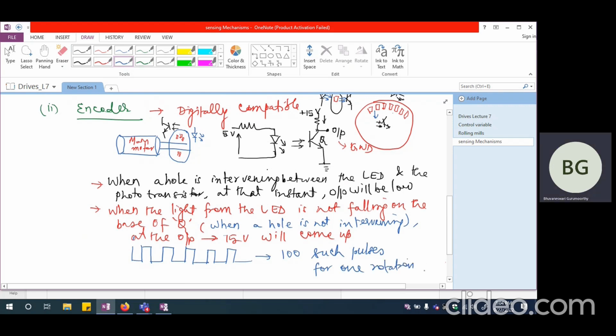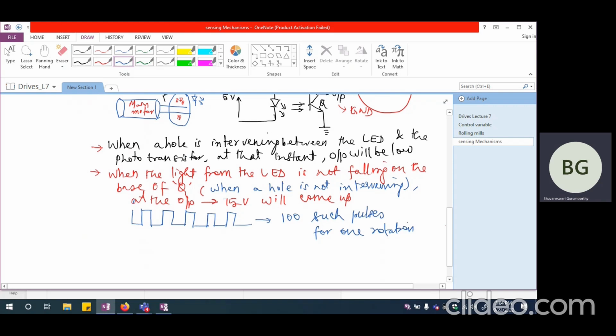So for every rotation, I will have as many pulses as the number of holes that are carved in this particular disk. By counting the number of pulses, we should be able to get the speed of rotation.